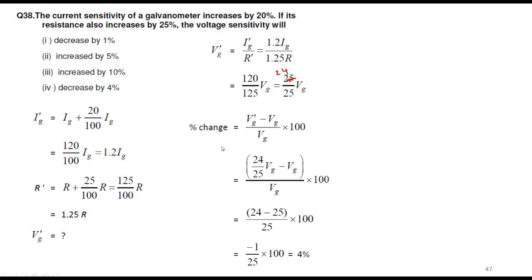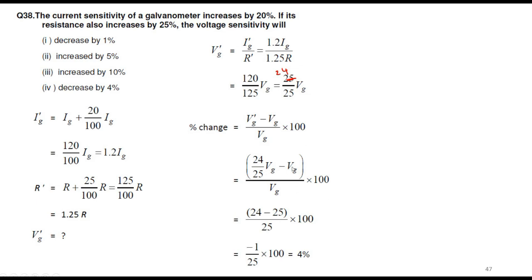But we want percentage change. So new voltage sensitivity minus original voltage sensitivity by original voltage sensitivity into 100. That's how we find percentage change. So substitute Vg prime, this much, minus Vg by Vg into 100.